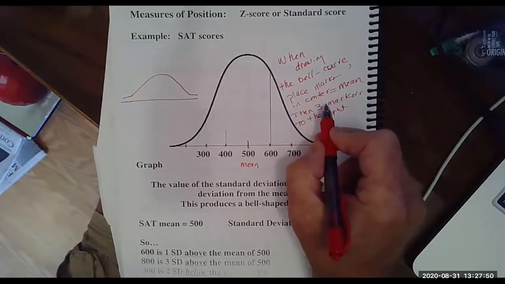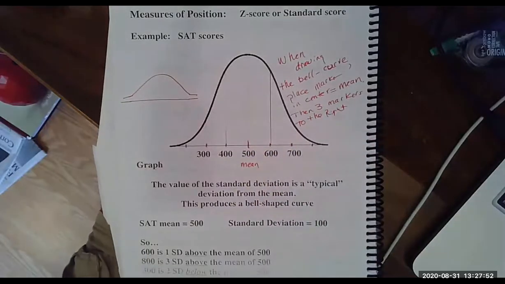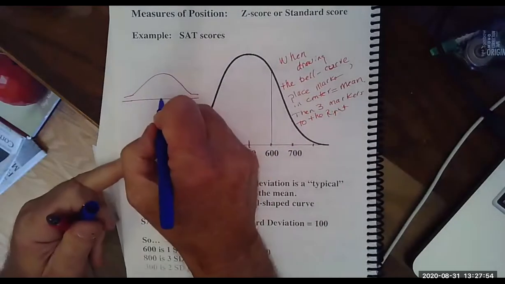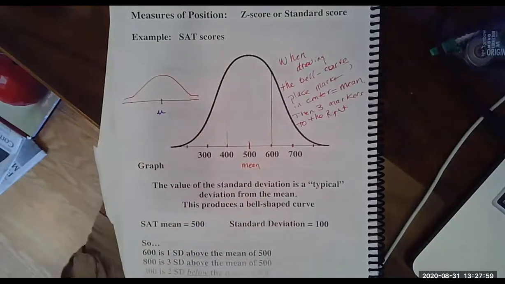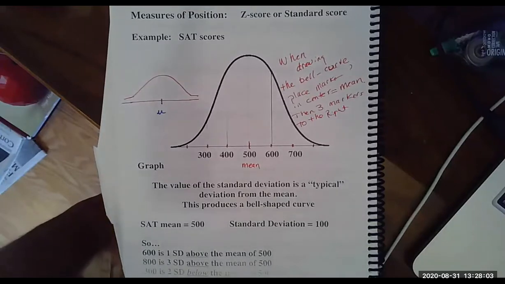And then in the center, right here, put a marker, and that's the mean. Sometimes we call the mean mu. Remember that? The definition of mu is population mean, population average.